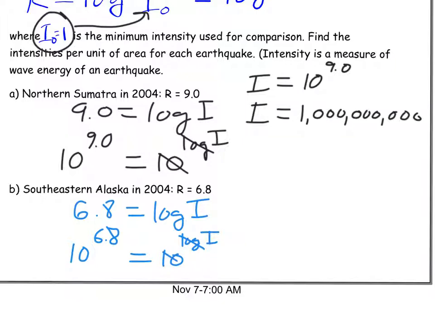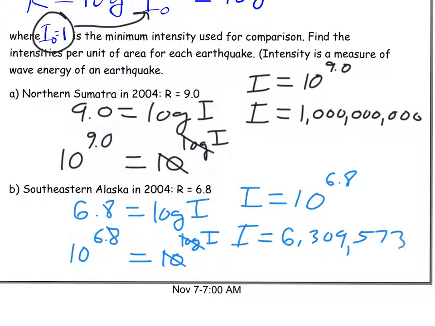And those cancel. And now to get the intensity, it's pretty similar here, but we just have to do 10 to the 6.8 power. And you get a very, very different looking number. 6,309,573.